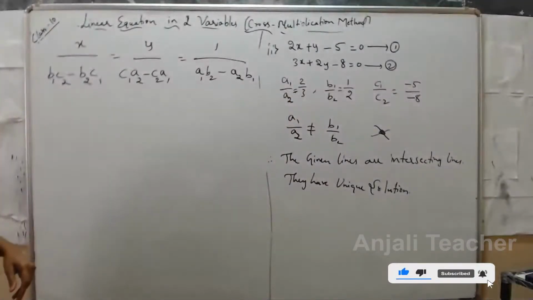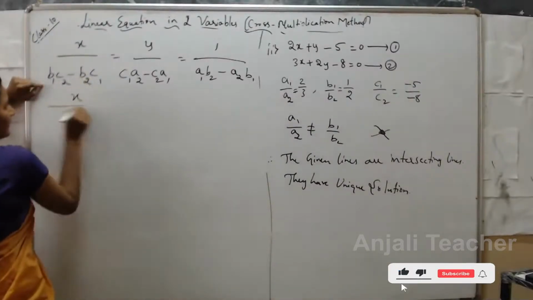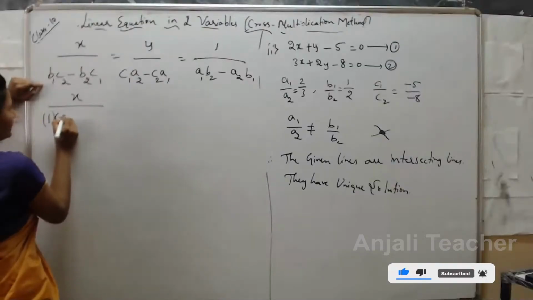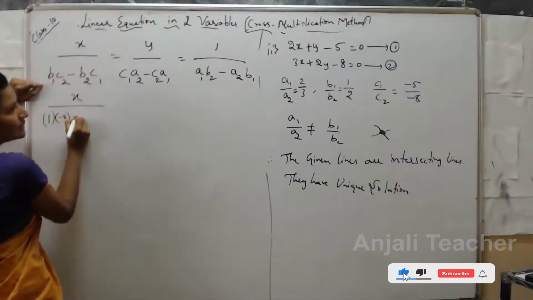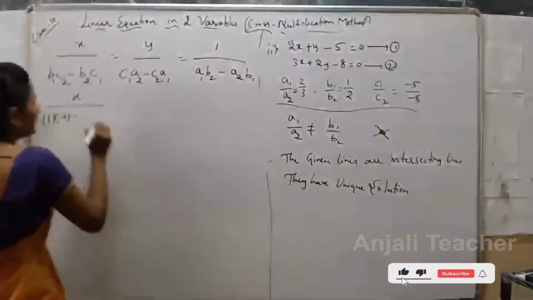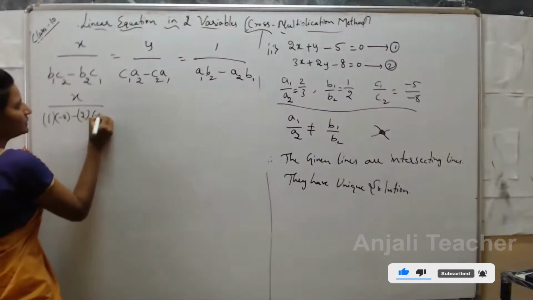See here. What is b1? b1 is 1. c2 is minus 8 and b2 is 2, and c1 is minus 5.